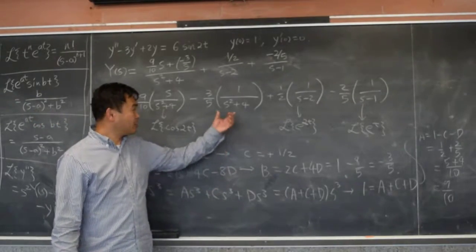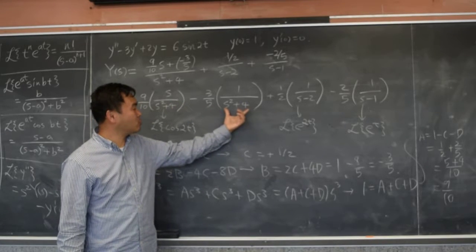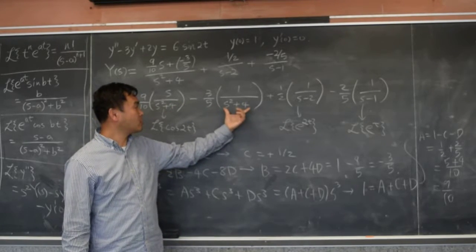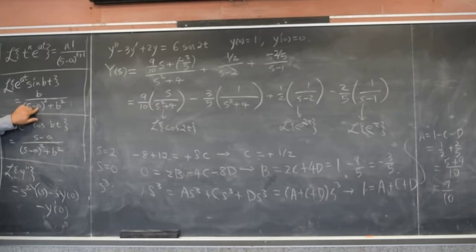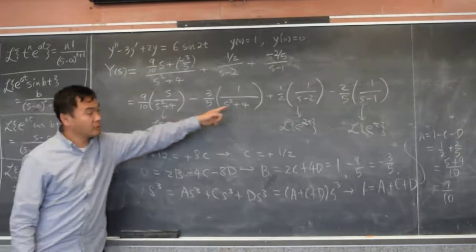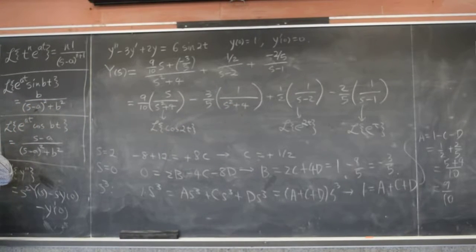The only challenge that you will face is when you try to do this one. The problem is if you try to match this with that, with a equal to 0, what goes wrong? It should be 2 over s squared plus 4, because if this is 2, then this has to be 2.